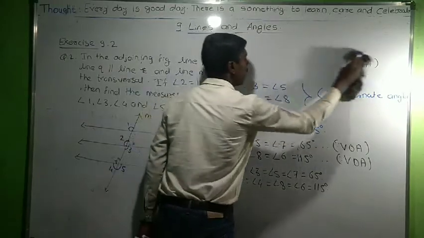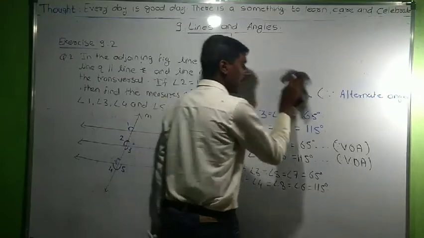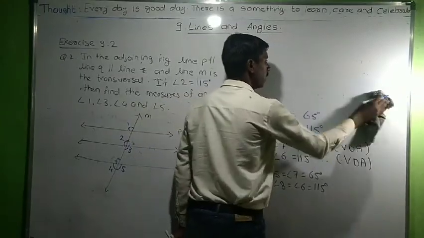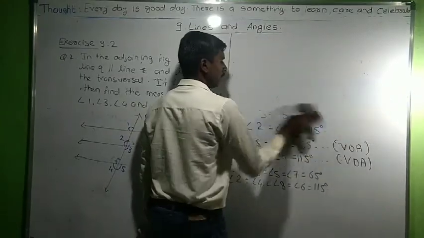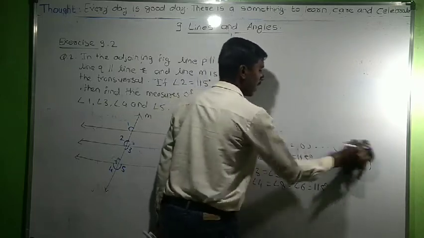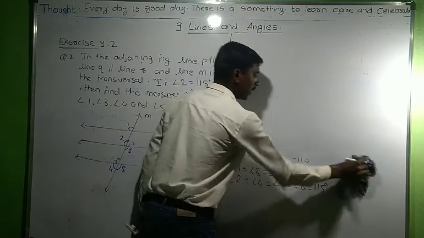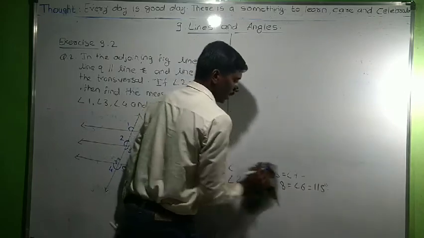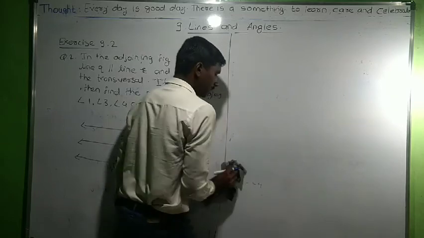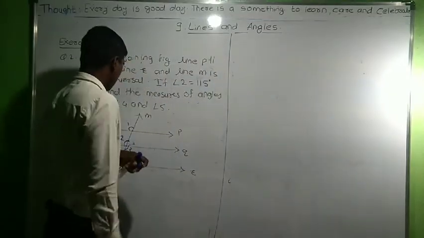We only have to apply the criteria of parallel lines. Everyone knows very well the 3 criteria of parallel lines. When 2 lines are parallel, the pair of alternate interior angles are equal in measure, corresponding angles are equal in measure, and interior angles on the same side of the transversal are supplementary.